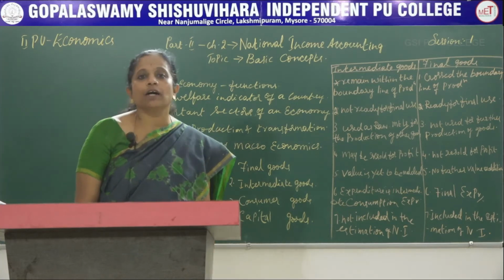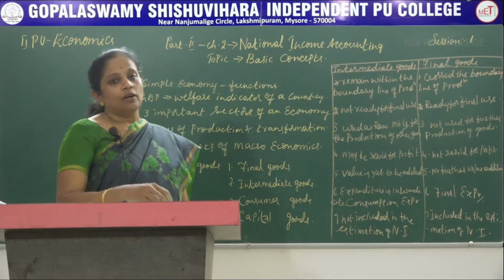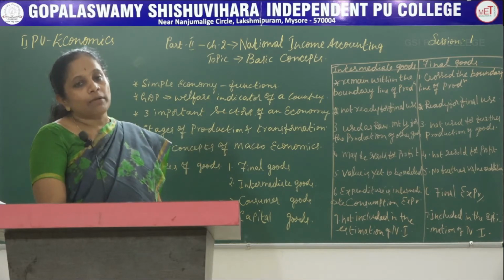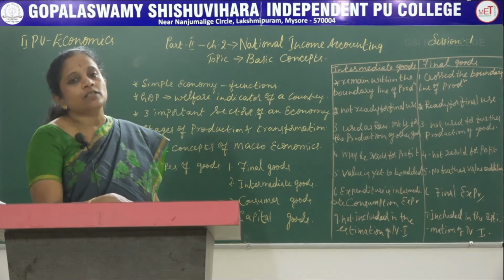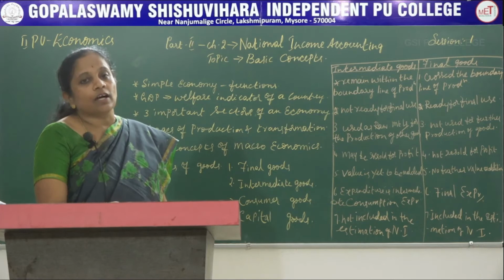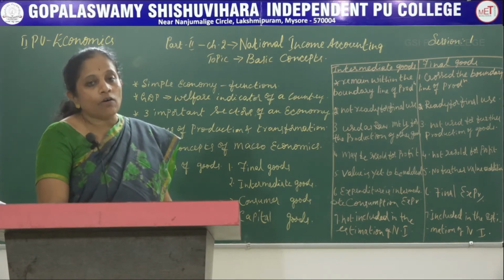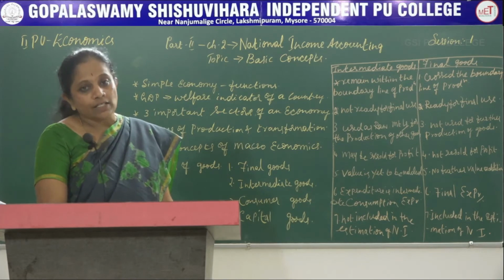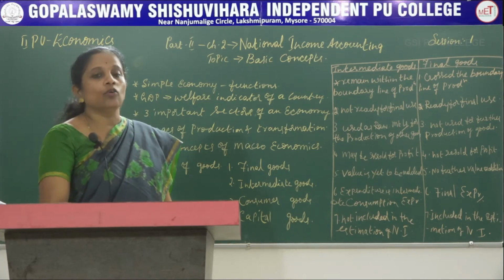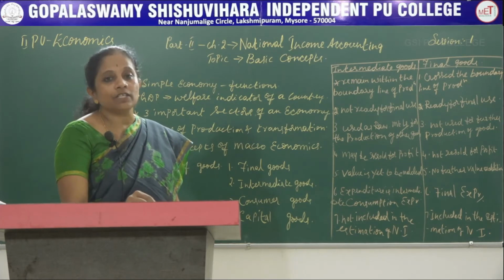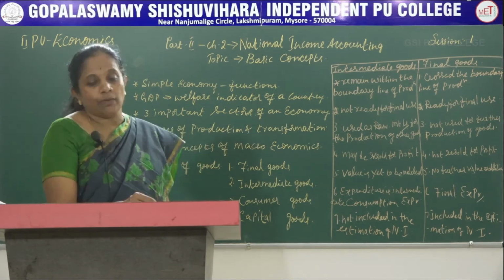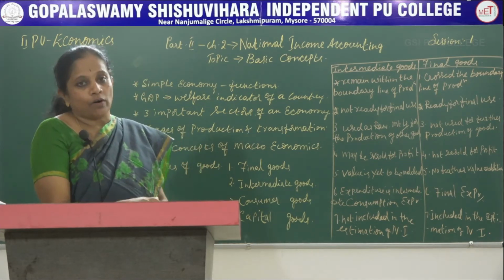What do you mean by final goods? Final goods, as the name itself suggests, are all the goods which are ready for final usage. These have crossed all the boundary lines of production and no further production activity is required to make this a utility product.